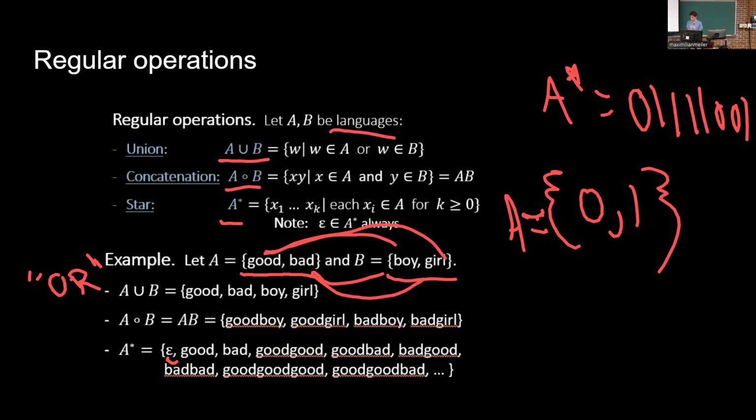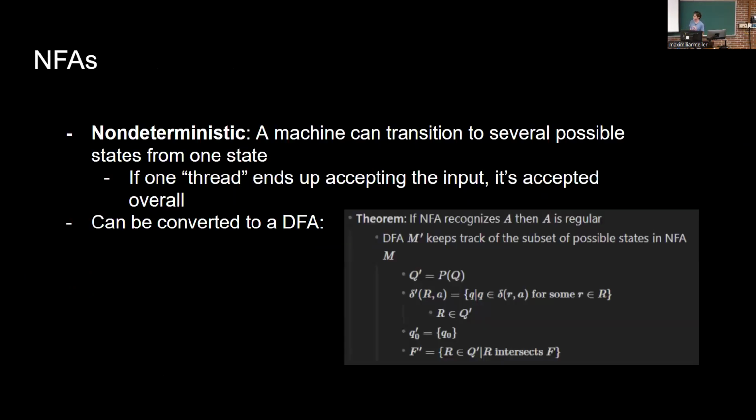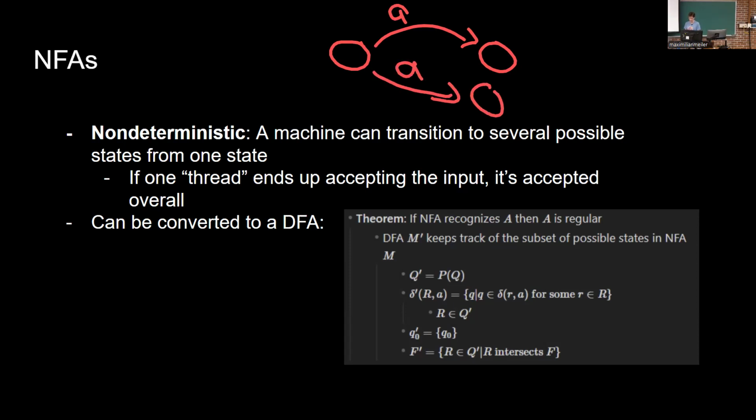I think it'll make a little more sense what these each do when we actually prove them. But before we go into proving that they're actually regular, we'll talk about NFAs. The main thing about NFAs is that they're non-deterministic, which previously, when we had a machine, say we had one state, and we were at a certain character, say A, we would move to another state. The thing about NFAs is that they can have multiple outcomes at a certain state.